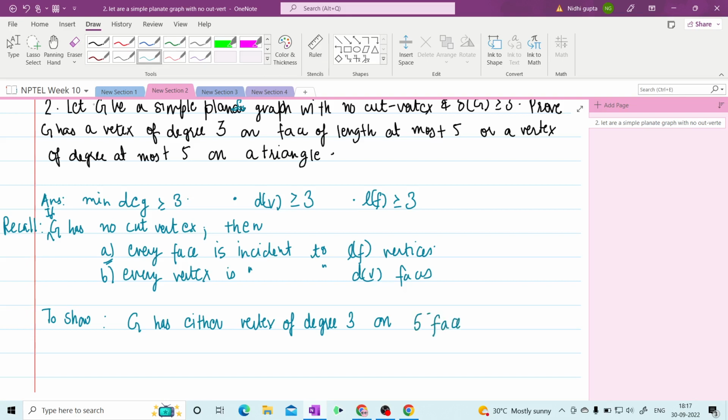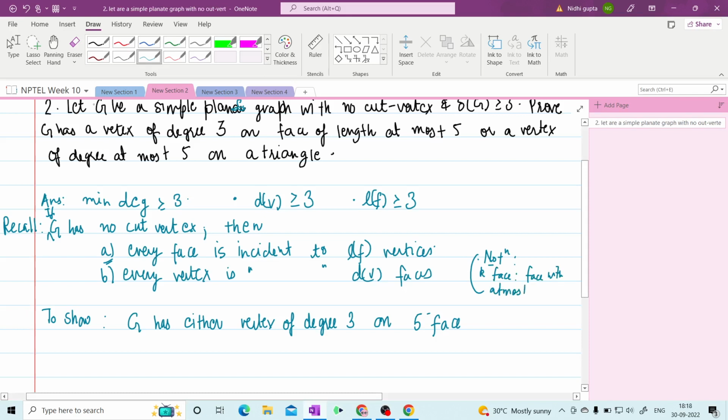This notation, K minus face, is basically a face with at most K edges on its boundary.